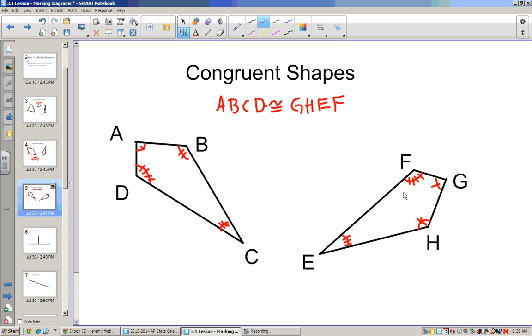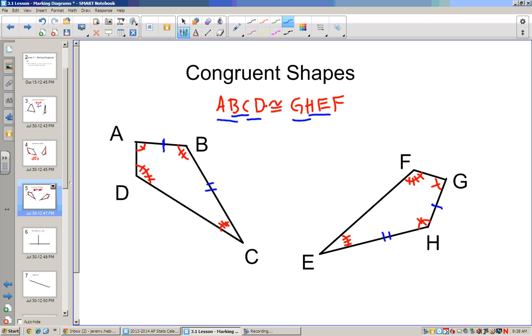All right, now there's more information that we know on this. We could also look at these first two letters, AB and GH. AB is this segment. We can say that is equal to GH, or congruent. Also the next two letters, BC and HE. BC is congruent to HE.